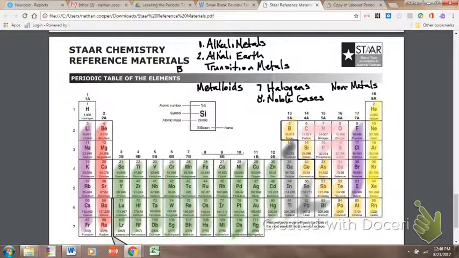So groups equal valence electrons, the outermost electrons of the atom. That's what I hope makes sense on families and names and what I'll be asking you. Again, you need to be able to use the STAAR reference materials for knowing those family names.